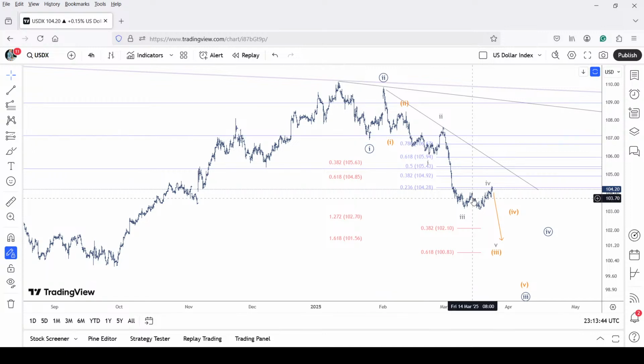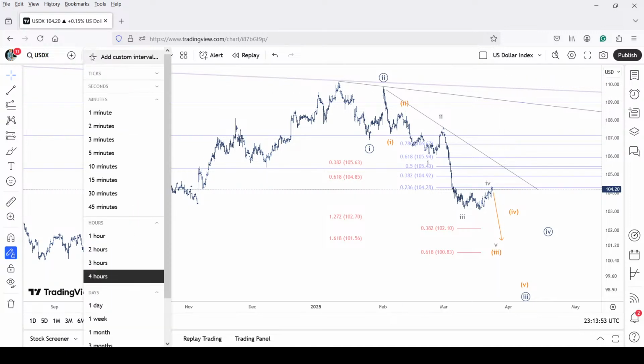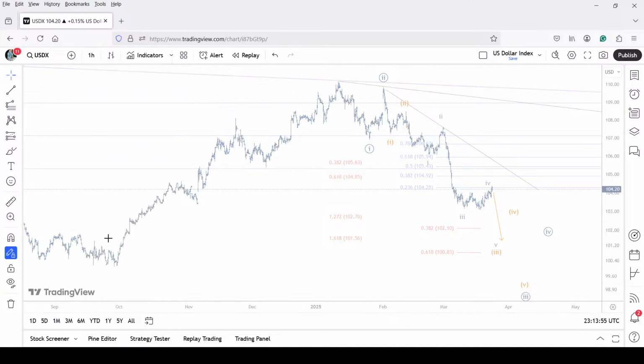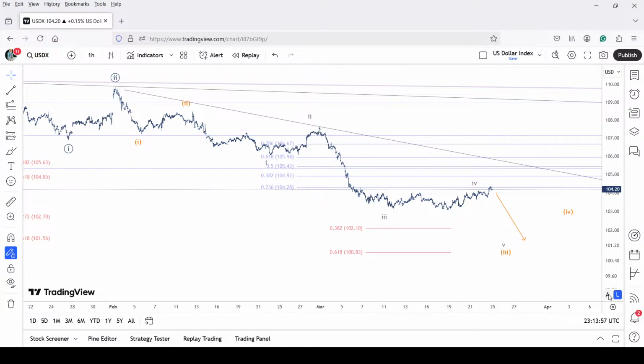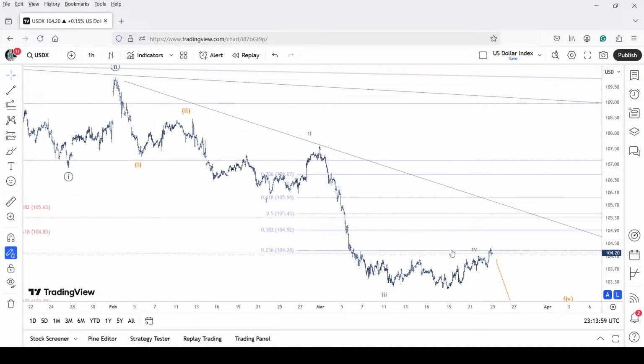All right, so that particular rally, what we can say right now is a 3-3-5, which looks like an expanded flat complete. So we have got 3 up and then 3 down, and again 1, 2, 3, 4, wave 4, excuse me, and 5.